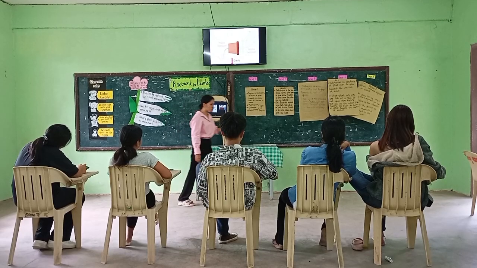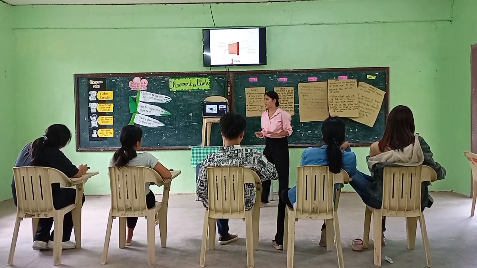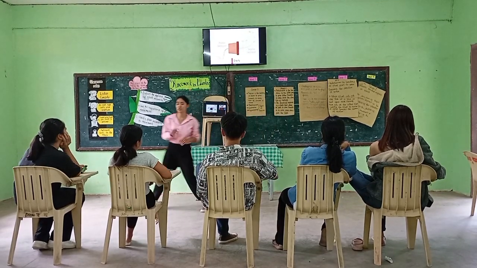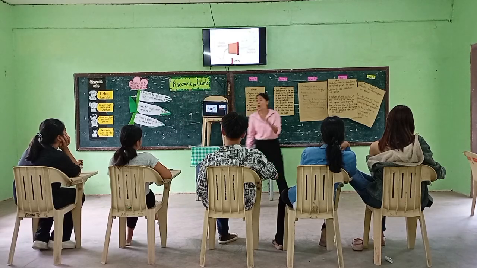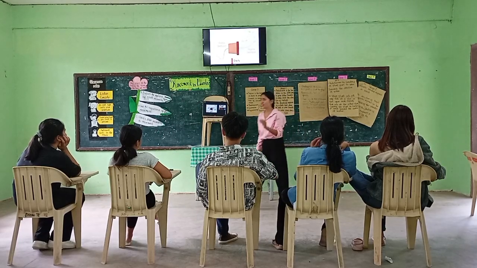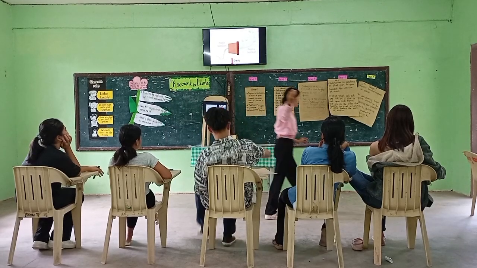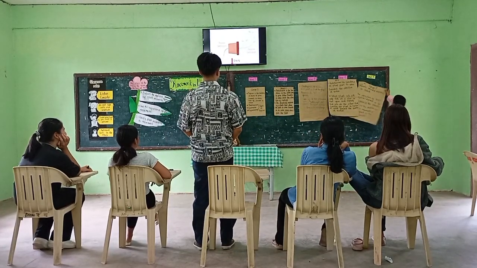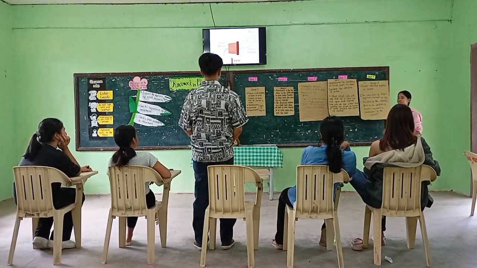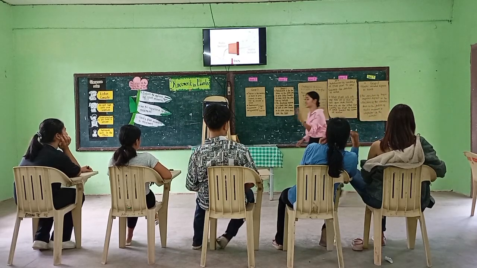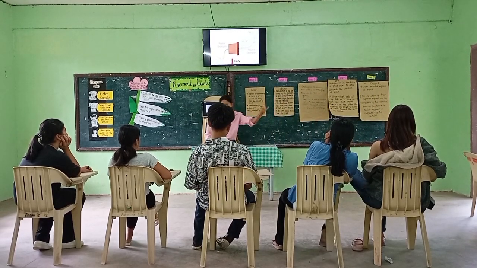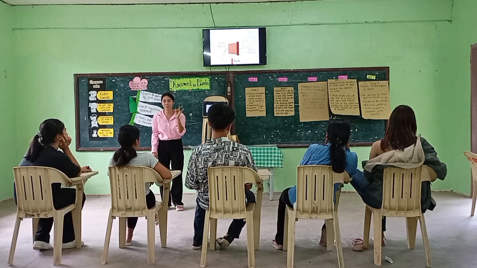Plants also respond to different stimuli, which is called nastic movement. What do we mean by nastic movement? Nastic movement is the response to touch. Yes, very good. Nastic movement is a response to touch, light, and temperature.